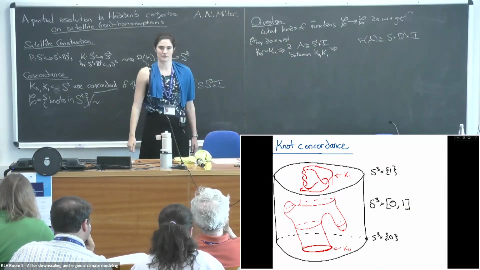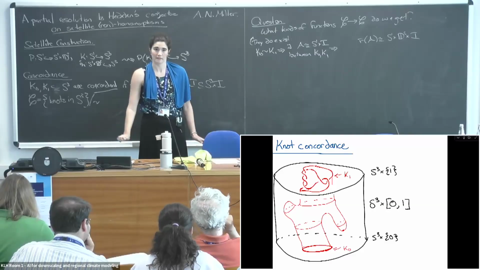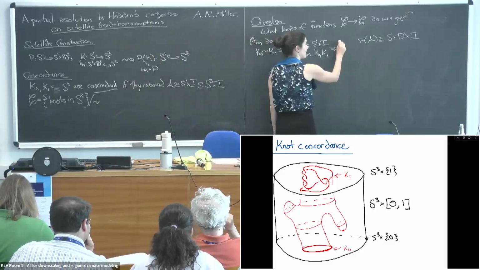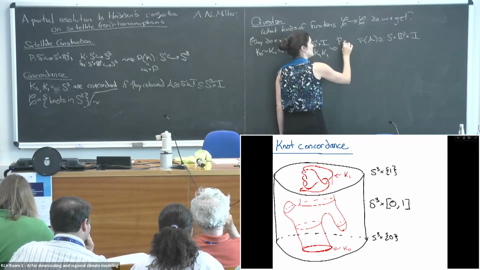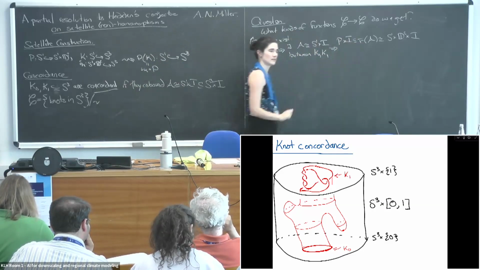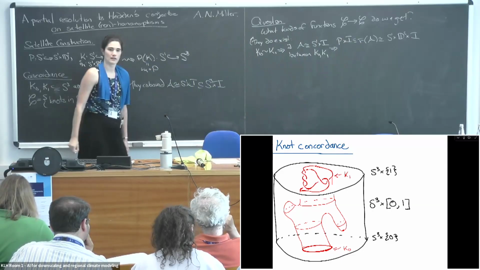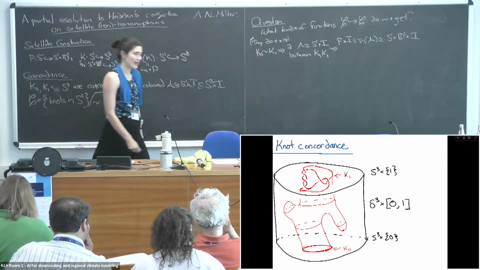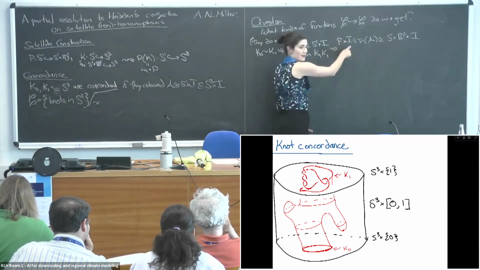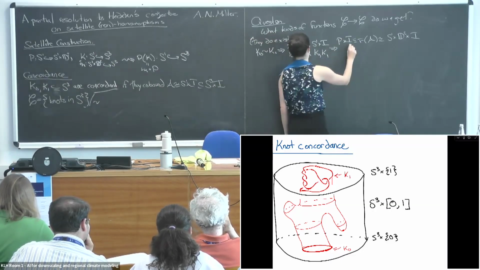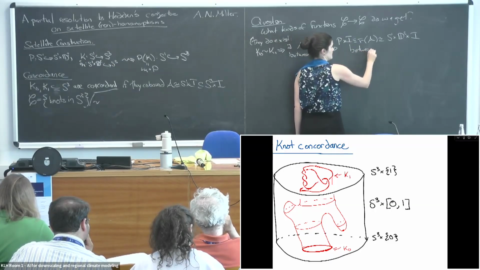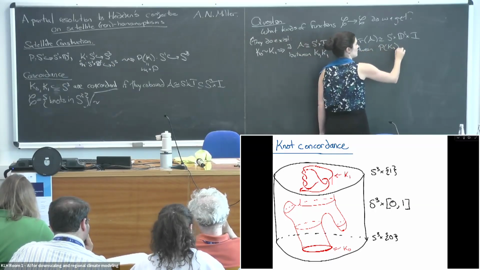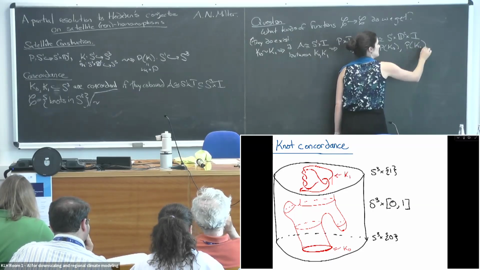Writing the cross D2 in a different place than perhaps you want me to, but fine. And the reason I'm writing it that way is I can think about P cross I living in there. And so that P cross I is an S1 cross I, it's itself an annulus. And you can check that P cross I is an annulus between P of K0 and P of K1.